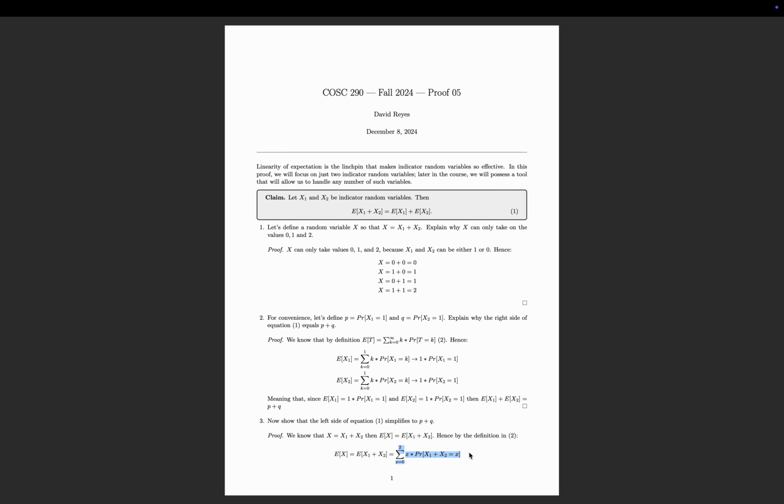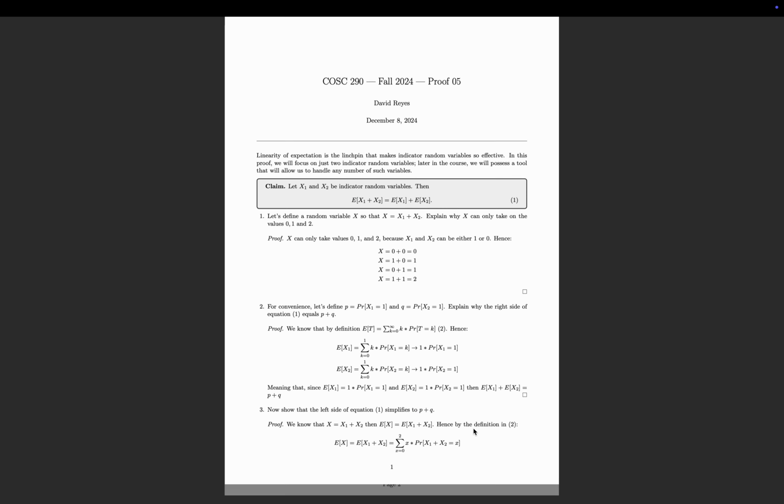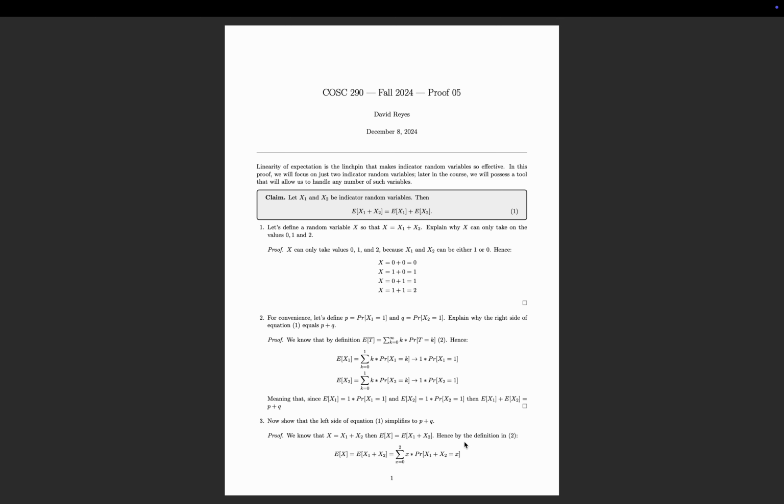We can just set this expression over here. Let me just say what we're doing in step 3. In step 3, we're just showing that this left side over here simplifies to p plus q. So this should be a little bit longer, but kind of straightforward in a sense.